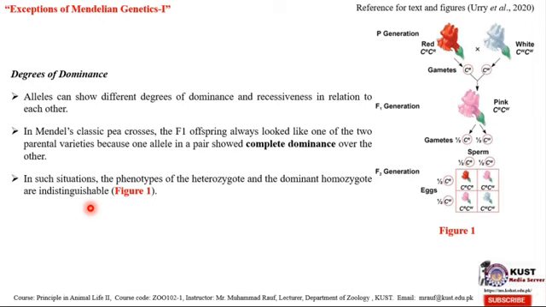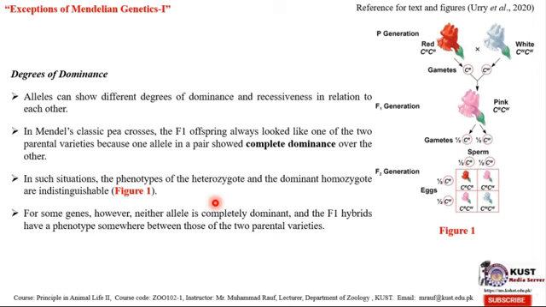So if only one dominant allele is present, the phenotype is still controlled by the dominant allele, and if two are present, they still control the phenotype. So the homozygous dominant and the heterozygous both express the same phenotype.